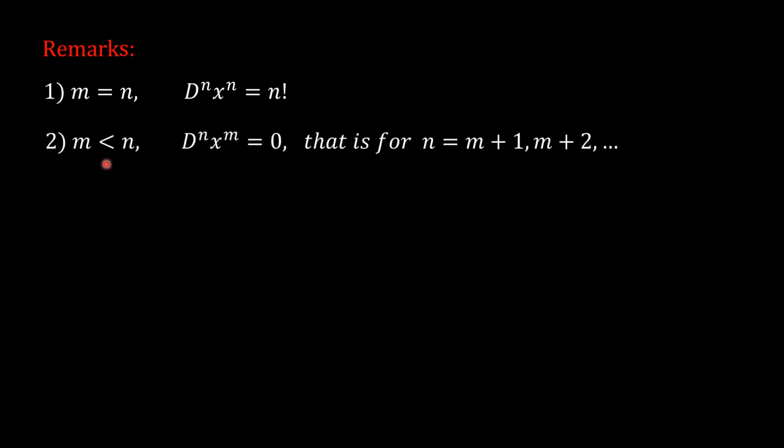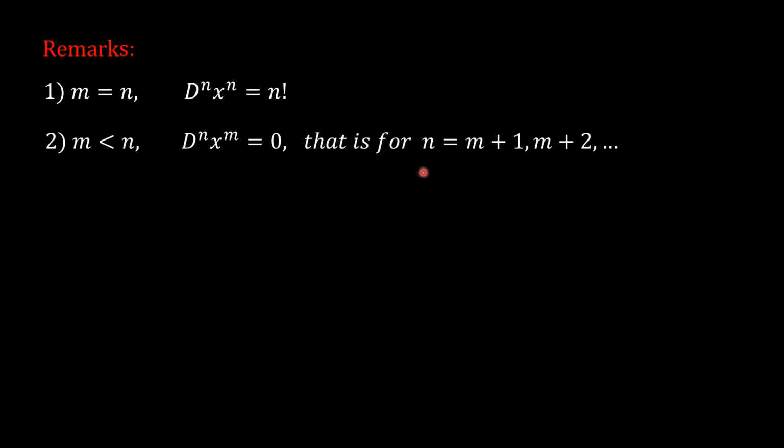Remarks. If m is equal to n, then the nth derivative of x raised to n will be what? n factorial. Second, if m is strictly less than n, that is, n is greater than m, the power of the polynomial function, then the nth derivative of x raised to m is always equal to 0.